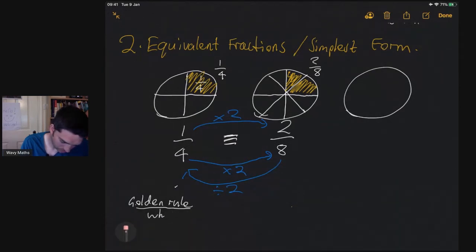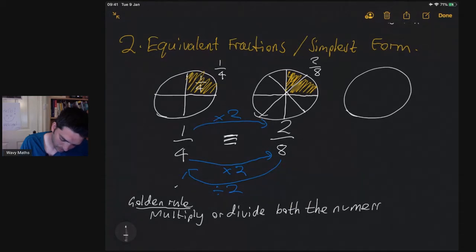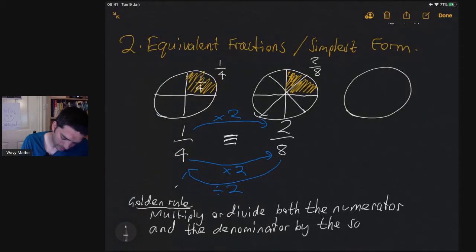You can express the golden rule in one sentence: you must multiply or divide both the numerator and the denominator by the same number.